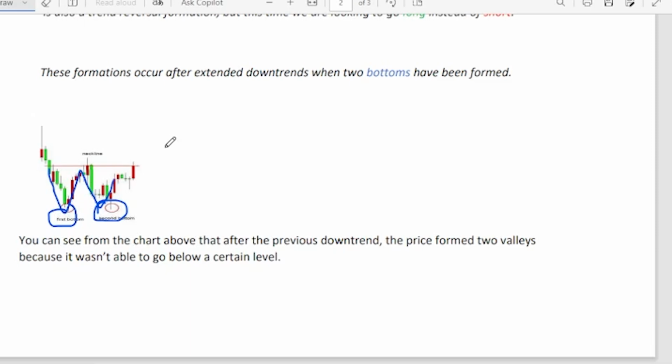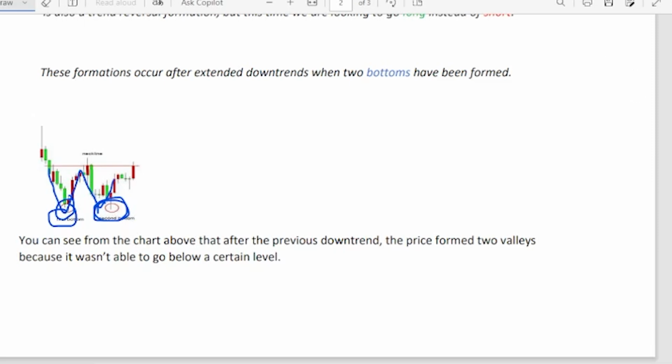You can see from the chart above, after a previous downtrend, the price formed two valleys because it wasn't able to go below a certain level.